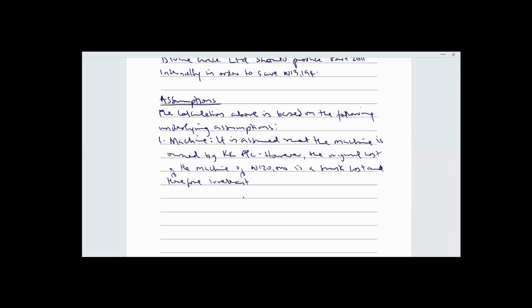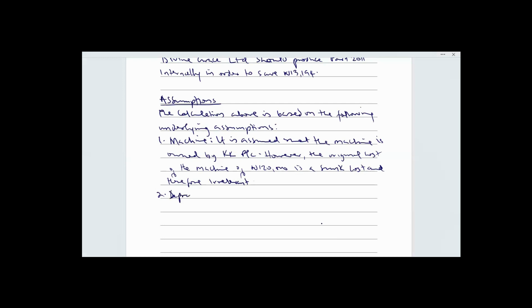Then number 2, what other assumptions did we make in the question? We talk about depreciation. We are given a depreciation of 20,000 naira. So what assumption did you make? You are going to state that depreciation is a non-cash item and therefore not relevant to the calculation. So let's put it down.